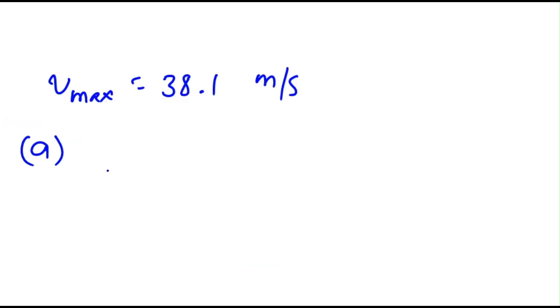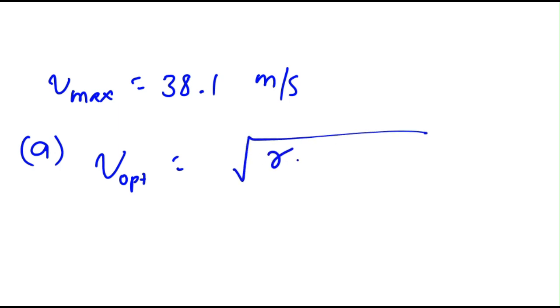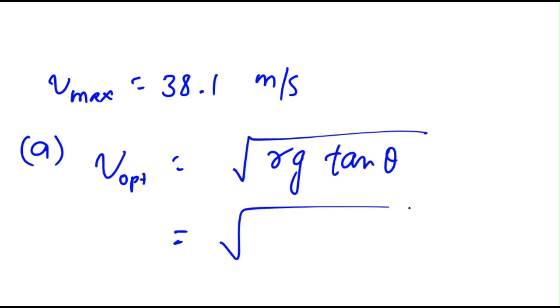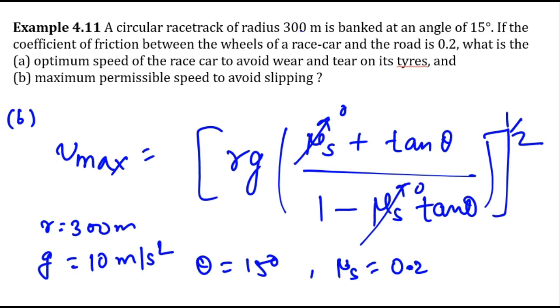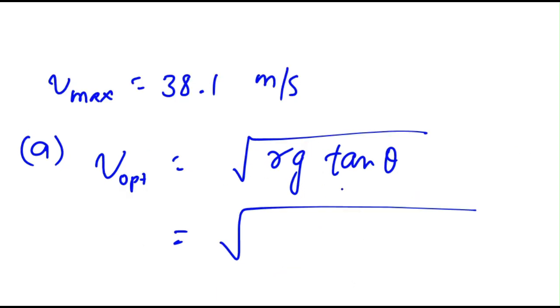So we can write v optimum equals the square root of r g tan theta, and calculate this. We have r given as 300 meter, g we can take as 10 meter per square second, or 9.8 meter per square second, and theta is 15 degrees, so we take tan 15.